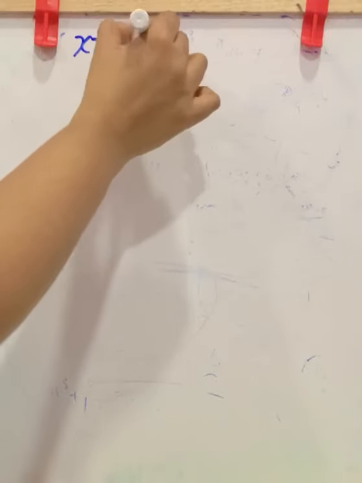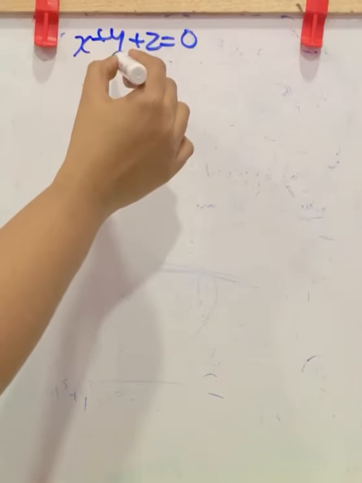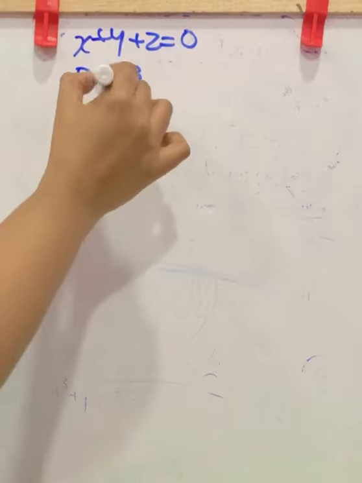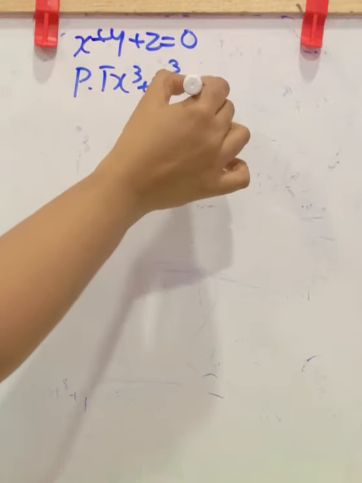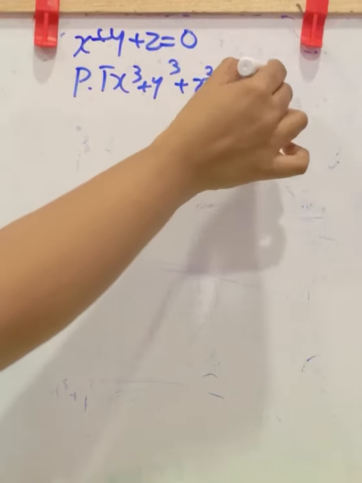If x plus y plus z is 0, prove that x cube plus y cube plus z cube is equal to 3xyz.